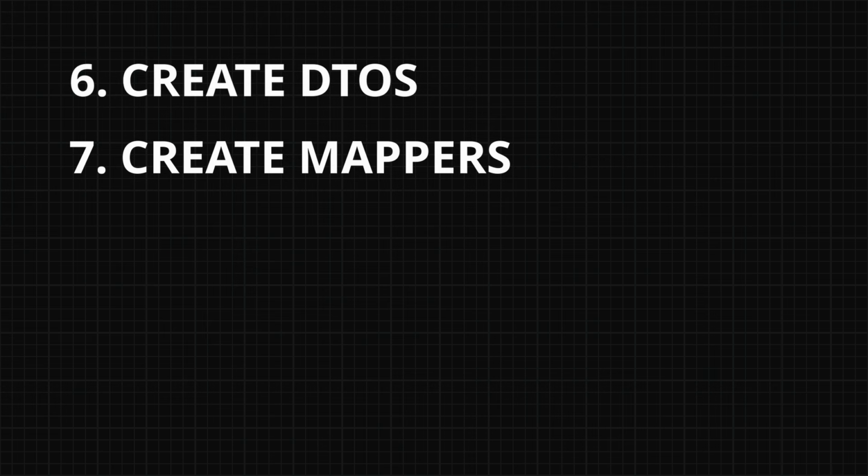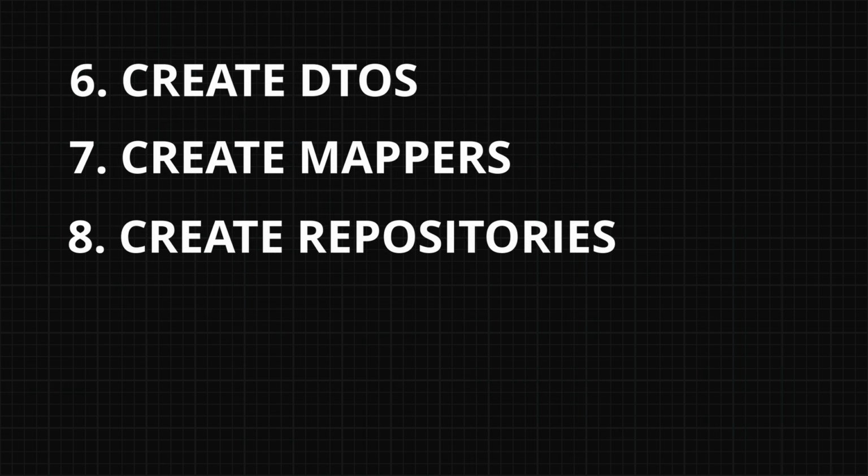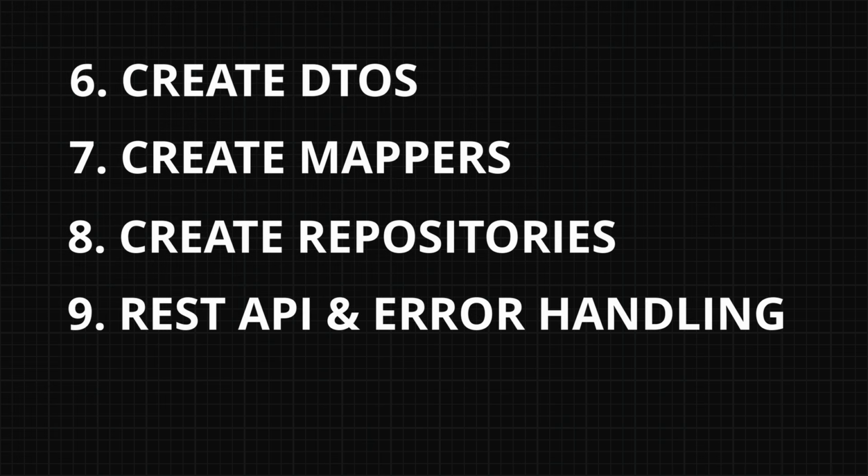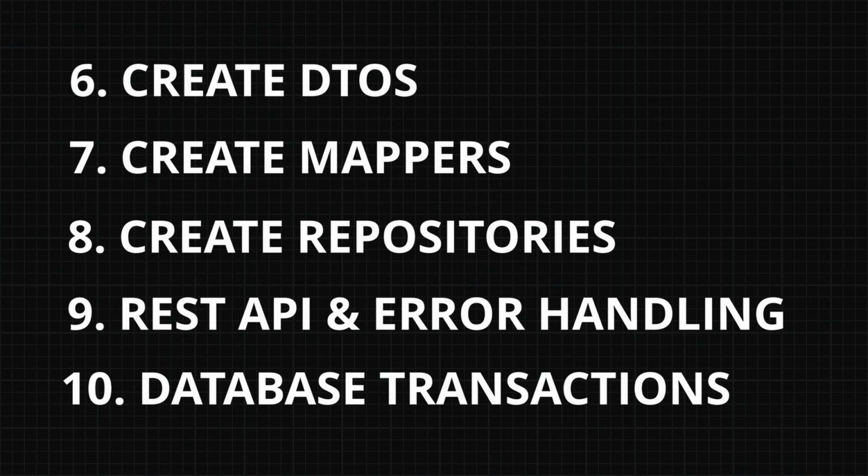We'll create mappers to convert from our entities to our DTOs and back again. We'll create JPA repositories for both our task list and our task entities, before implementing all of the REST API endpoints that our application needs, implementing error handling, and then a brief introduction to database transactions.